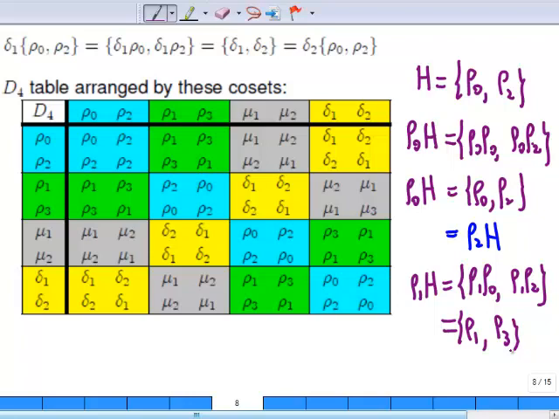This is the same as rho 3 H also. Check, do you agree or not? Rho 3 H: if you rotate 180 degrees, then rotate 270 degrees, how much will you rotate?